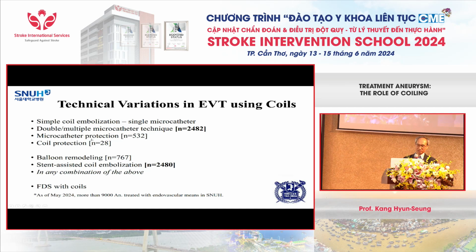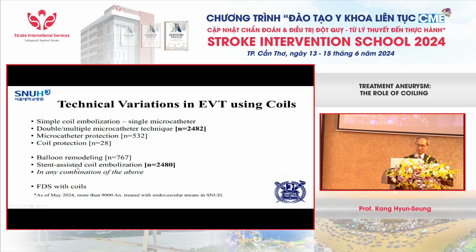And sometimes we use the microcatheter protection technique to protect the branch from the aneurysm, more than 500. Sometimes we have to use the coil for the branch protection, for very difficult cases, only 28. And sometimes we use the balloon remodeling, more than 700.